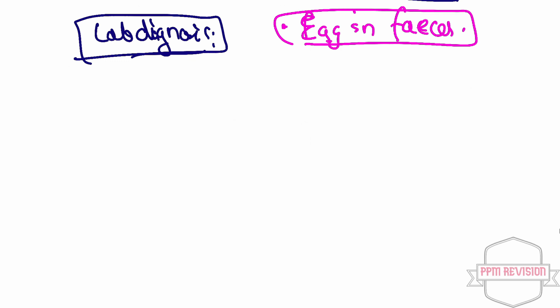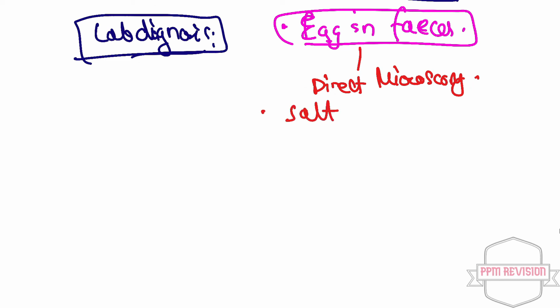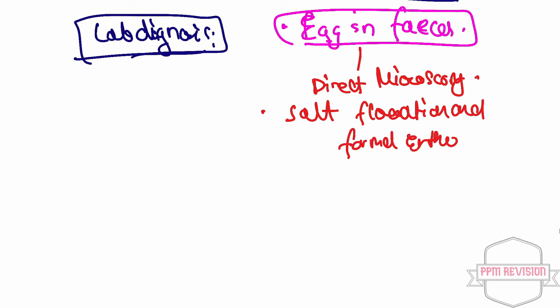This is by direct microscopy, and also salt flotation and formal ether may be used.